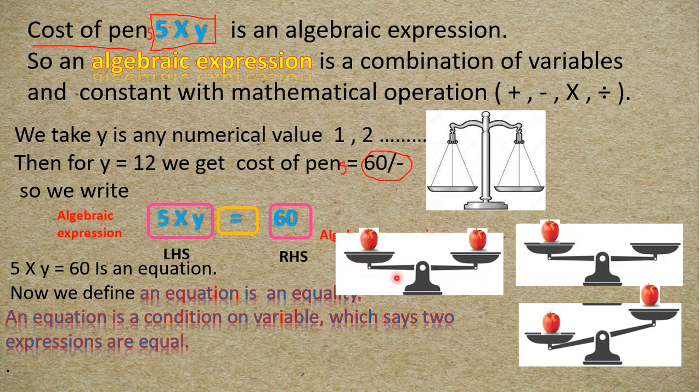So this is the balance, which shows the left hand side quantity is equal to the right hand side quantity. This applies in day to day life when you go to the market for purchasing any item or vegetables. Generally you can observe these types of balance.